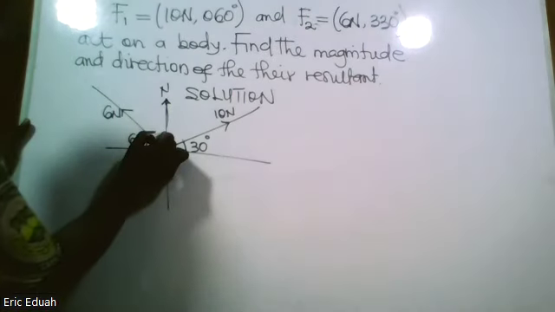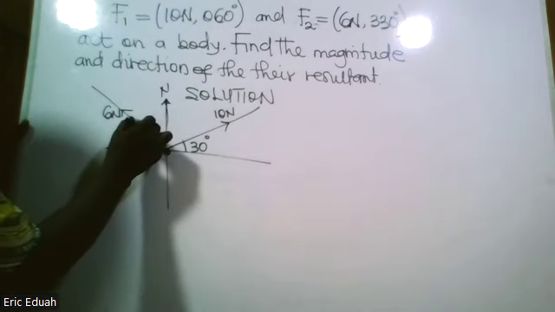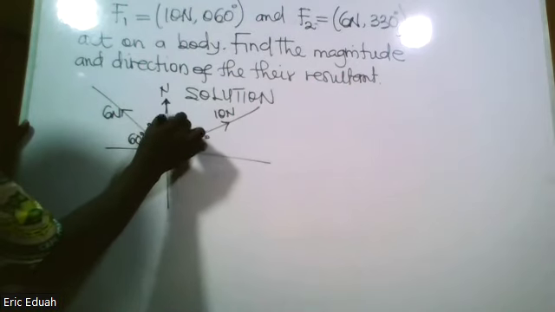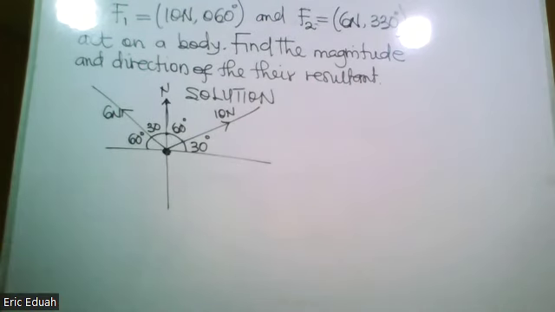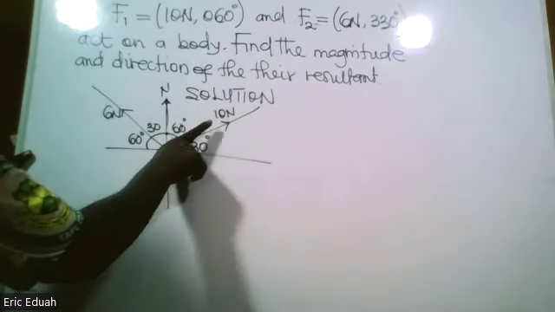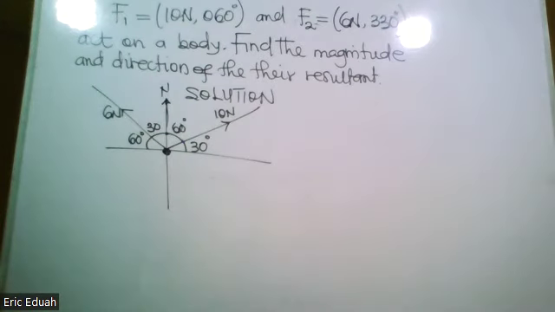So this is 30. This is 60. It simply means that the two vectors are 90 degrees apart.